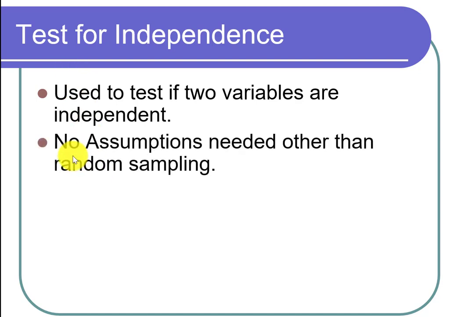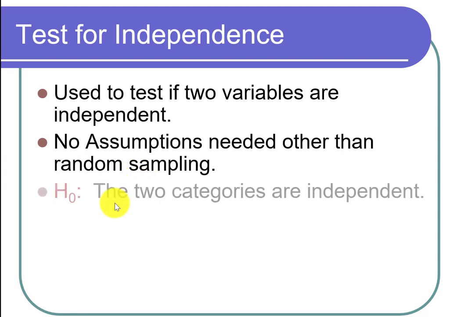And just like all of our chi-squared tests, you don't need any assumptions other than no bias. So make sure of random sampling or at least a representative sample. H0, the null hypothesis, is that the two categories are independent.